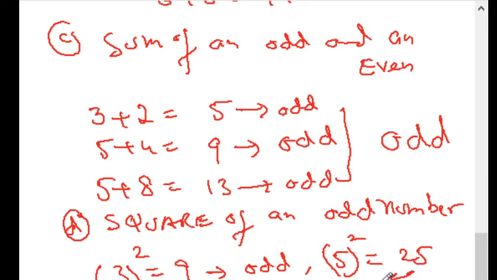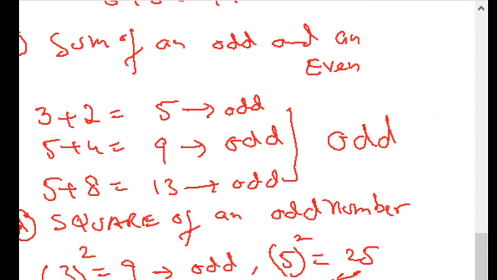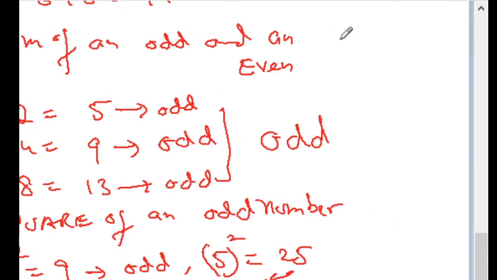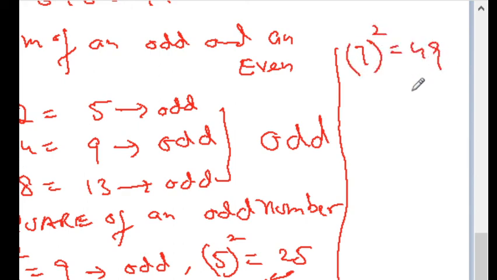This is also odd. Now similarly, 7 is odd. If 7 squared is taken, it's 49. So it's also odd. So the result will be odd. The square of an odd number is always odd.